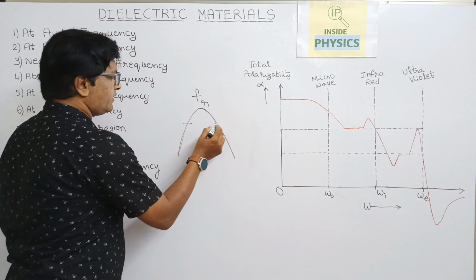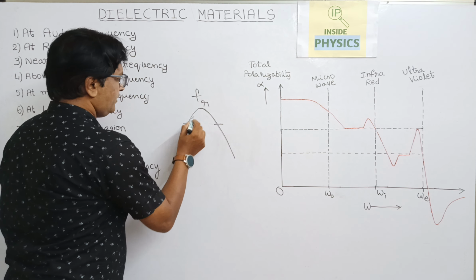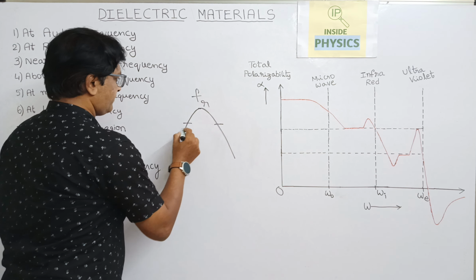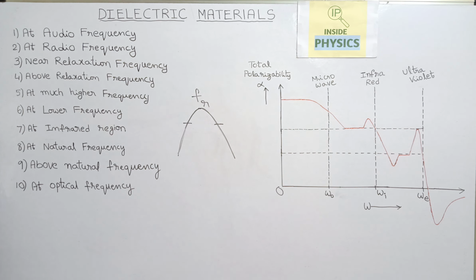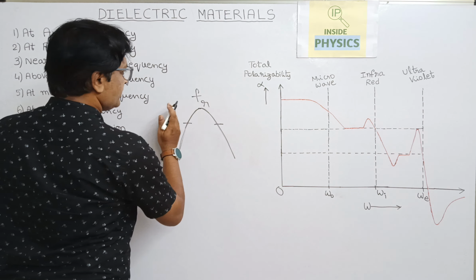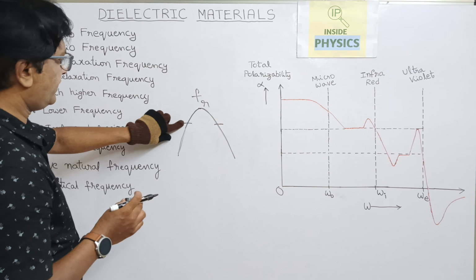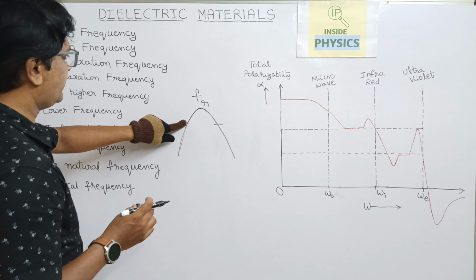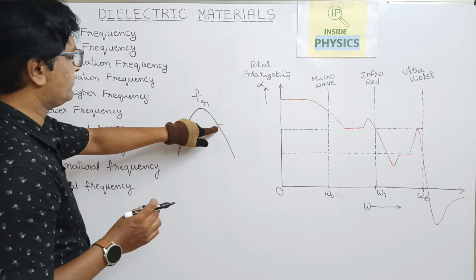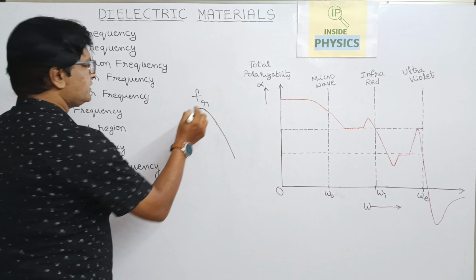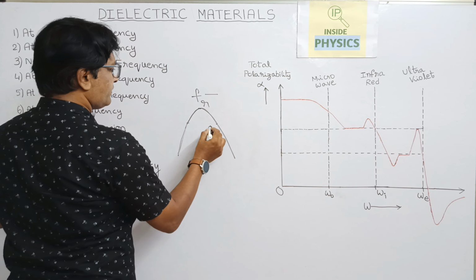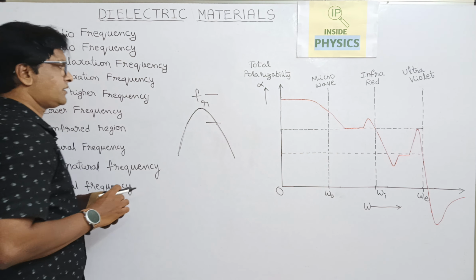Nearer to this relaxation frequency the power loss will be maximum, and we can say both points are taken just above the relaxation frequency and just below the relaxation frequency.